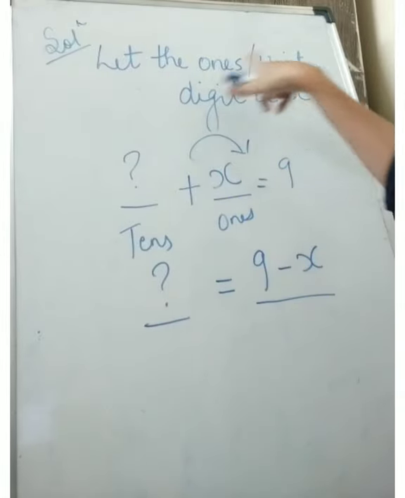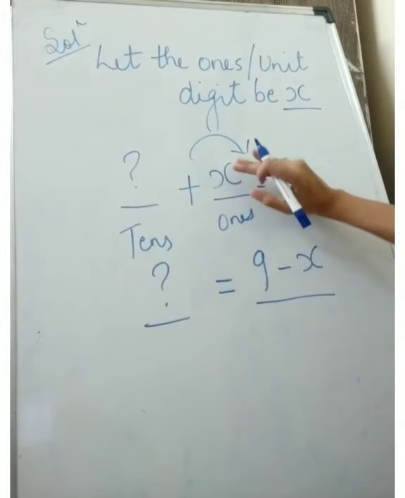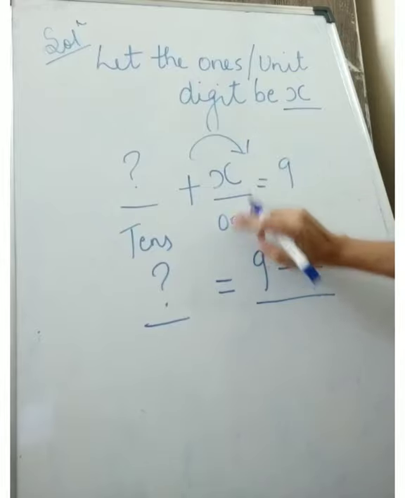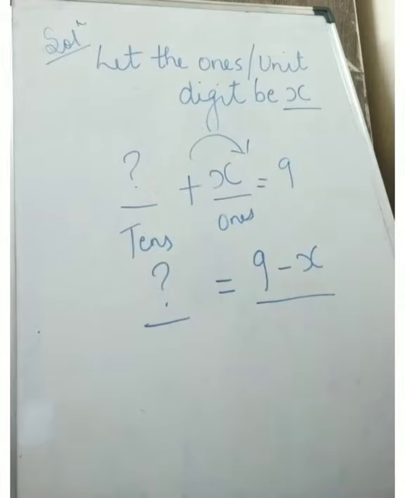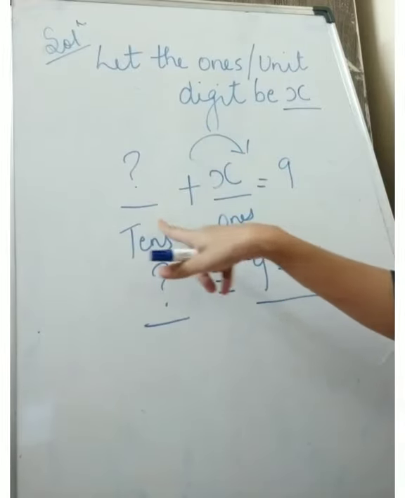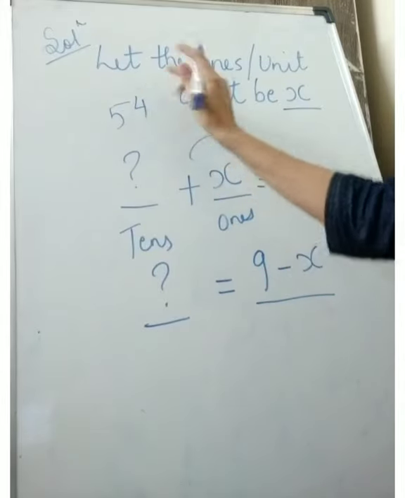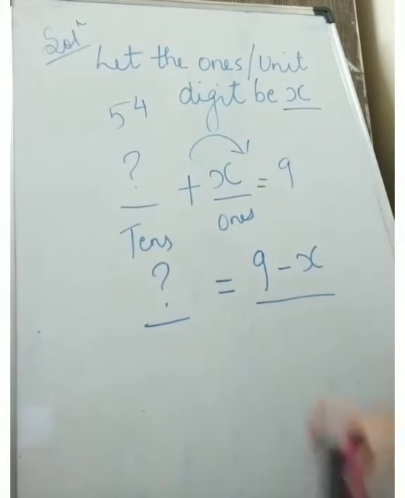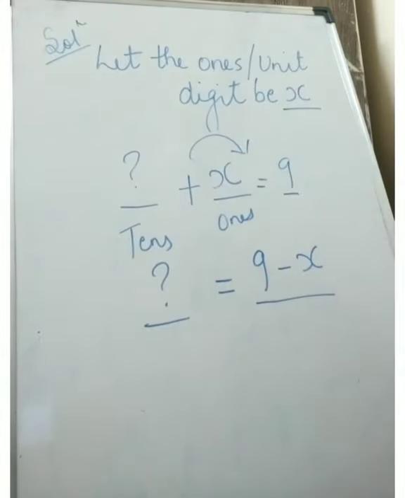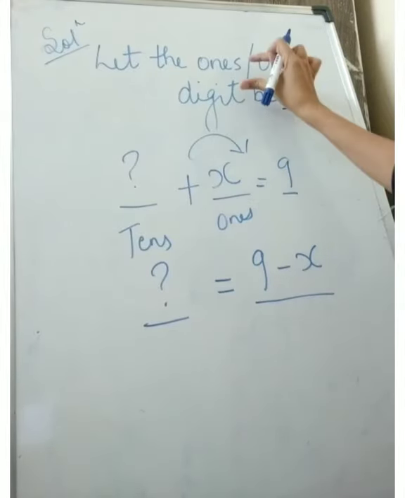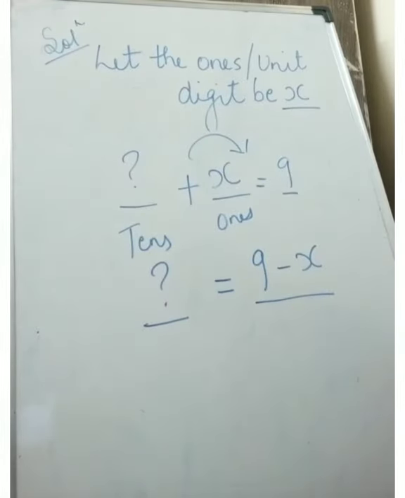Suppose this is the ones digit I have taken as x. We don't know the tens digit place also. So in place of the ones digit I have written x because we have assumed that the ones or unit digit be x. Now this number we don't know, and it is given in the question that when we are adding the digits of the 2-digit number, 54 for example, 4 is in the ones place and 5 is in the tens place, we get 9. So the ones digit as we have assumed, I have written x over here, plus the tens digit we don't know, so I put a question mark over here.